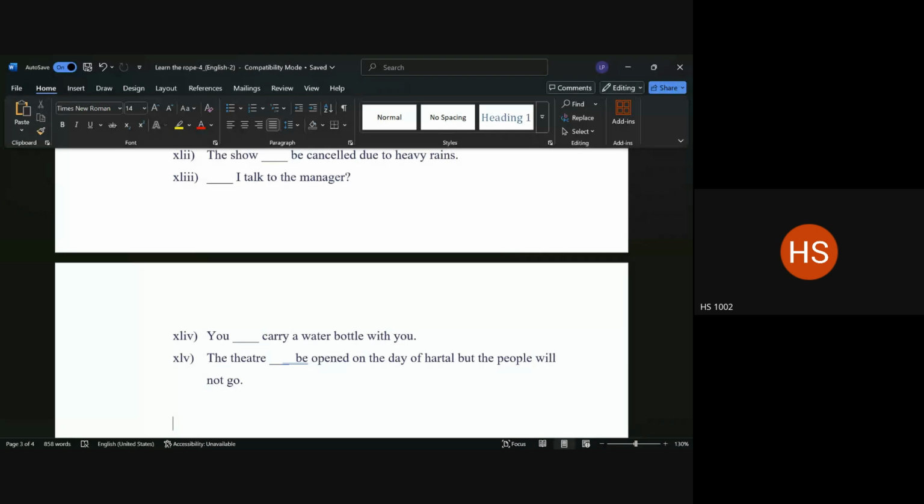Like in this case, it says that it may be open, high chances that it is open, but then the consequence may not be as expected. So when you have to express a situation where the consequence may be different from the one that is expected, you can use the modal verb may to indicate that. Okay. Right.